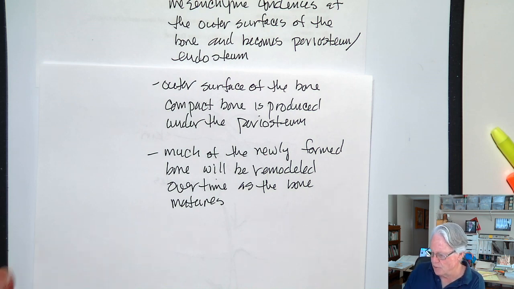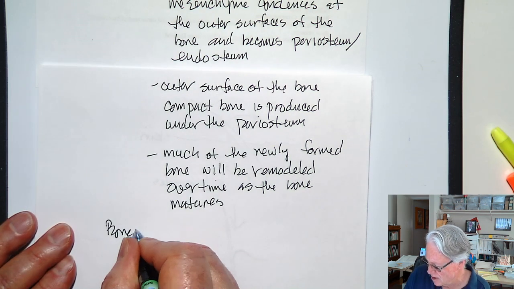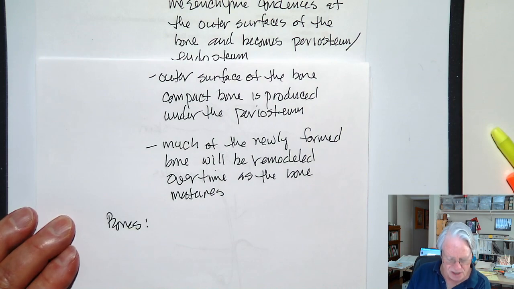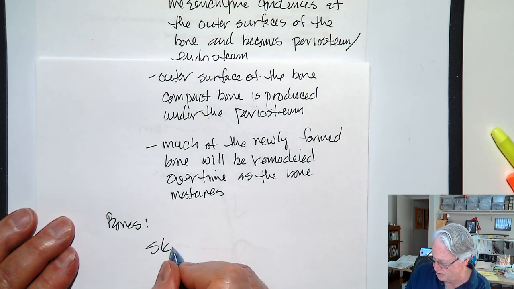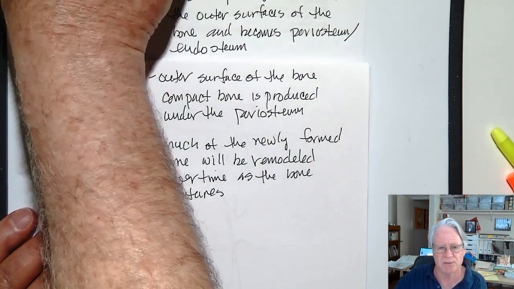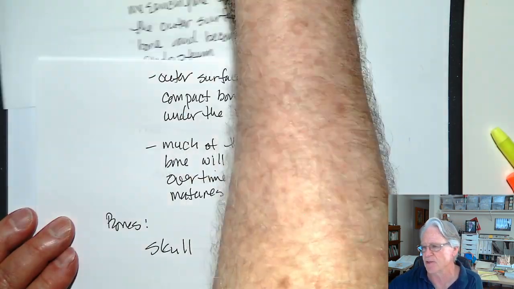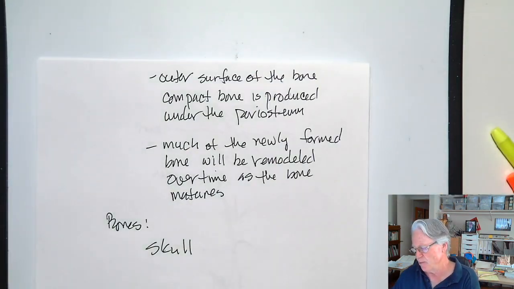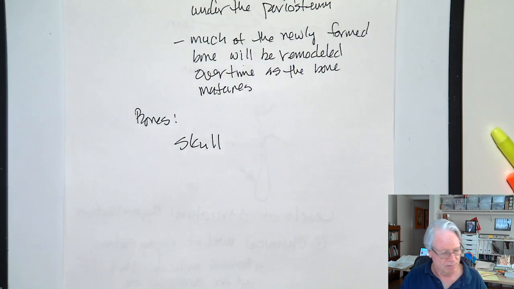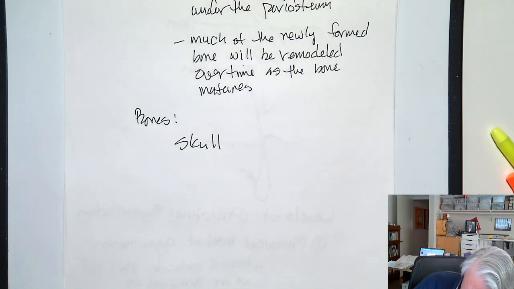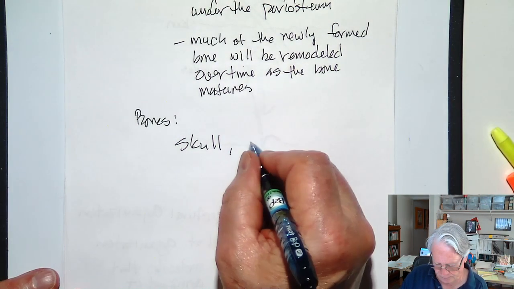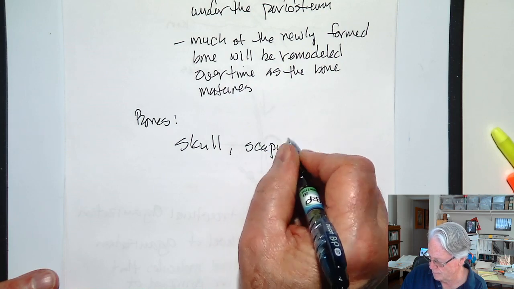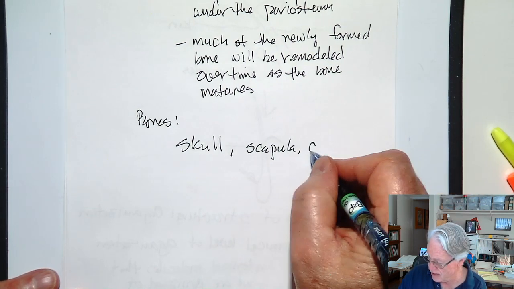So the type of bones that would experience this process, we already talked about this: the skull bones, parietal bones, temporal bones, the frontal bone, the occipital bone, all of those bones that are part of the skull. The scapula and the clavicle, believe it or not.